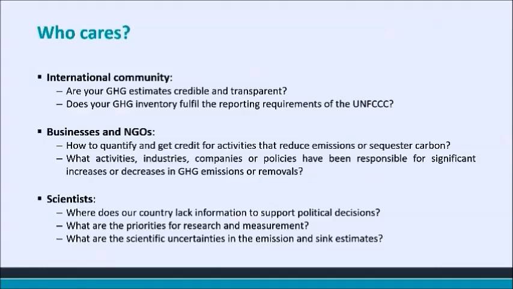And when it is not really limited to a country's geographical profile, it warrants a few questions: whether the GHG estimates are credible and transparent, whether they fulfill the requirements of reporting as per UNFCCC, where the country lacks information to create robust GHG estimates and support policy decisions, what the priorities for research and measurement are, and any scientific uncertainties in the emissions. So these are a few questions which require a third-party review.